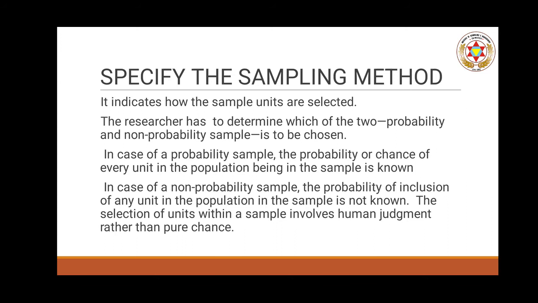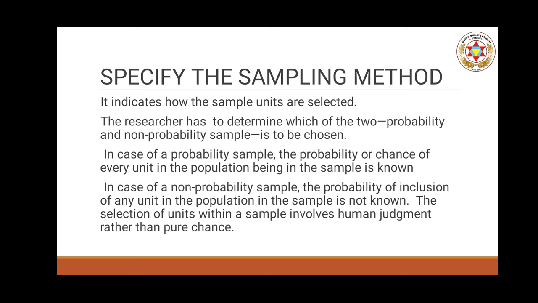In case of a probability sample, the chance of every unit in the population being selected in the sample is known. But in case of a non-probability sample, the probability of inclusion of any unit of the population in the sample is not known. The selection of the units depends on human judgment, or you can say the convenience of the researcher, rather than pure chance.